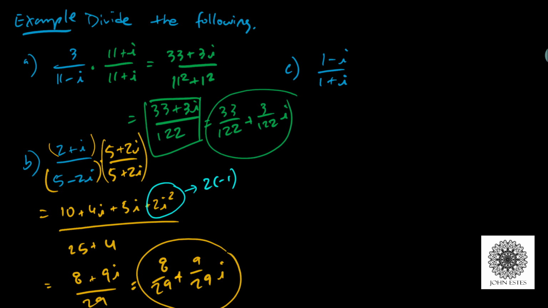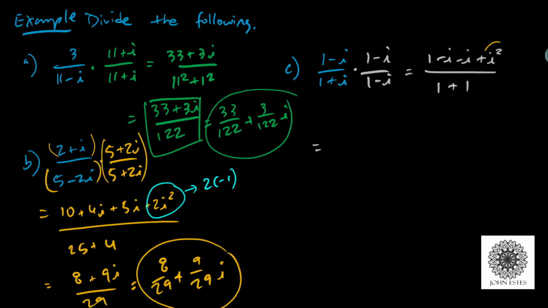Let's look at one more, part C. In part C, again, I'm going to multiply by my conjugate, which is 1 minus i over 1 minus i. So in the numerator, technically I have 1 minus i squared. Let's FOIL that out. First is 1. Outside is negative i. Inside is negative i. And then last, you have plus i squared. In the denominator, I'm multiplying by conjugate, so I get 1 squared plus 1 squared.